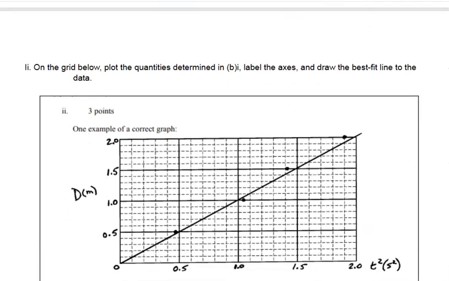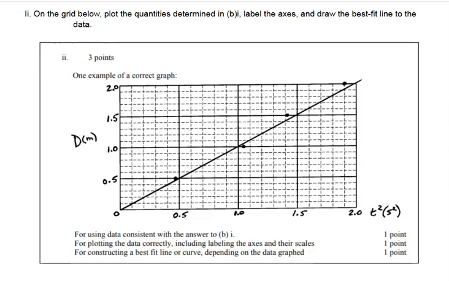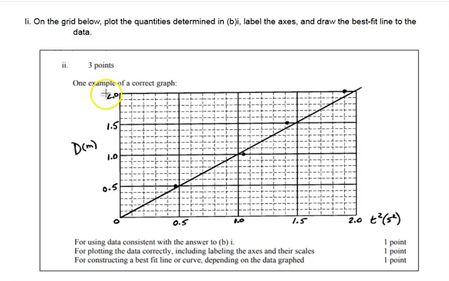Okay. So to save time, I just copied the rubric solution, but I'm going to talk about it a little bit. Again, you could graph 2D and T squared and your slope is A. They chose to model, I'm going to graph D versus T squared.